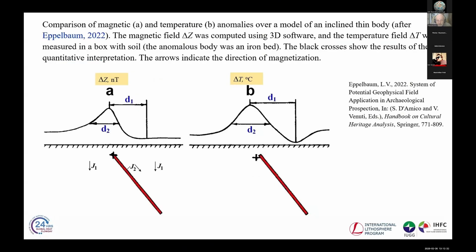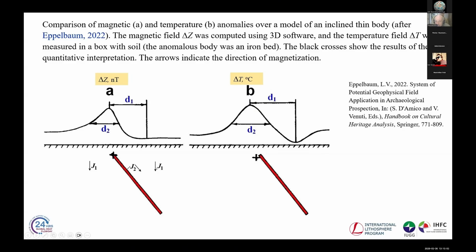You see, it's a very interesting example. Here you can see the calculation of magnetic and temperature anomalies over the model of an inclined thin body. The magnetic anomaly was calculated using 3D software for the Z component, with the inclination of the magnetic field along this bed.